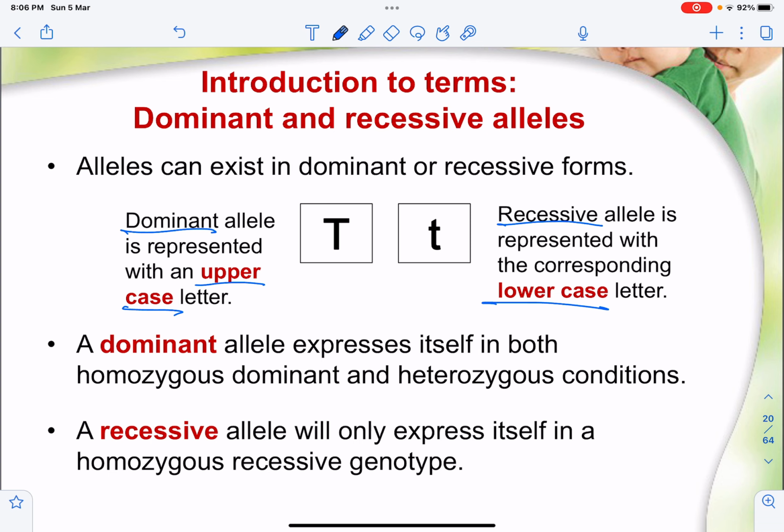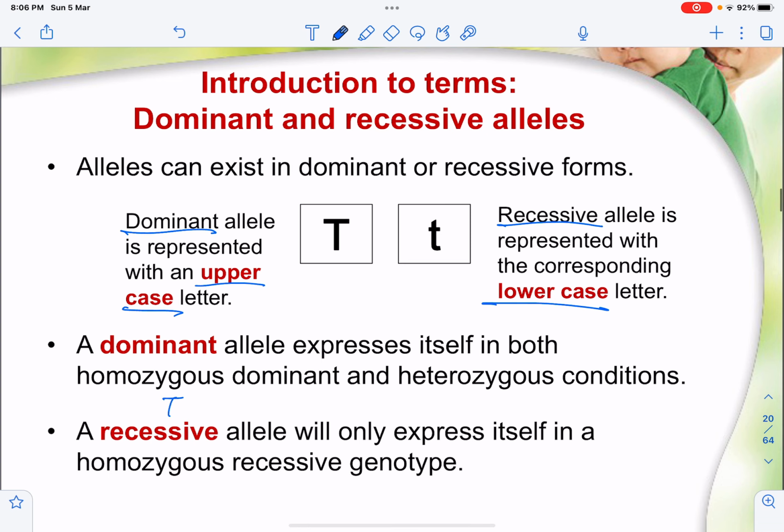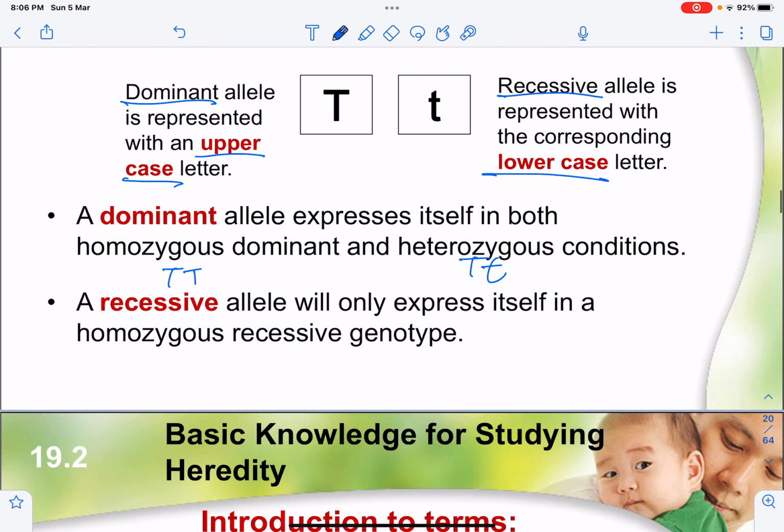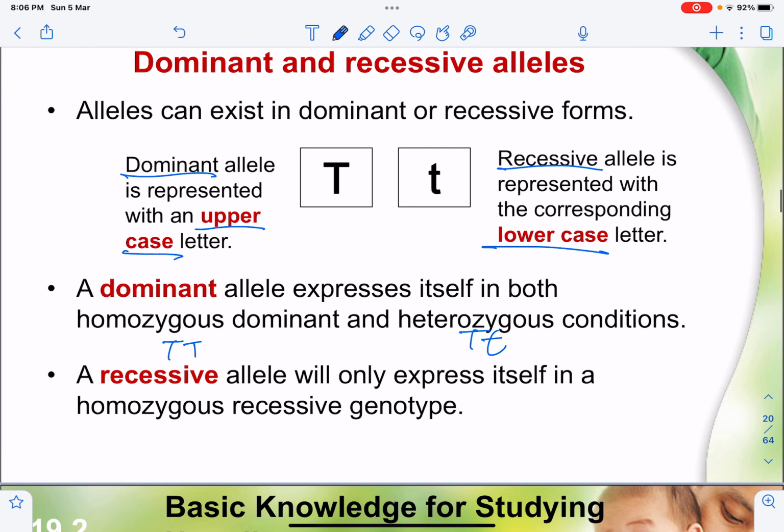So regardless if they are different, if it is capital T, of course you'll be tall. But heterozygous capital T small t, then it will be tall also because of the capital T. Okay. Next, a recessive allele will only express itself in the homozygous recessive because there is no dominant allele at all.